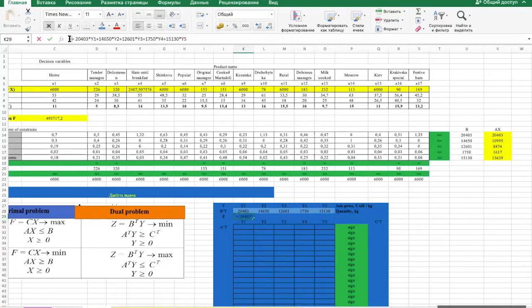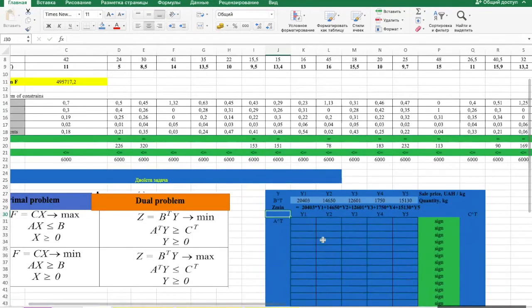Good. And we want to find the minimum. Of course, minimum, because it will correspond with the primal maximum problem.